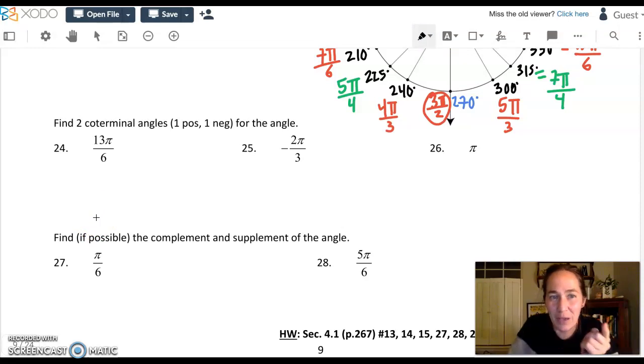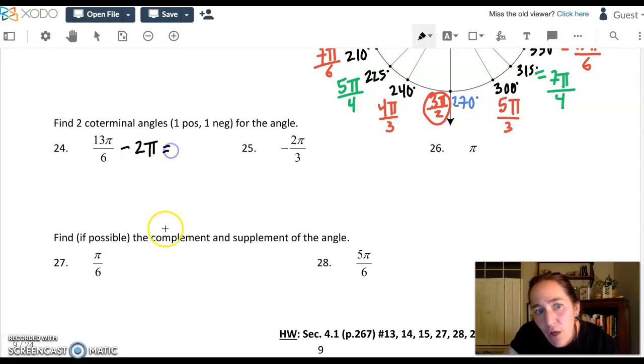2 pi can really come in handy here. In degrees, adding or subtracting any integer multiple of 360 is a good way to get a coterminal angle. Likewise, when we're working in radians, adding or subtracting any integer multiple of 2 pi can come in handy. So if 13 pi over 6 is more than once around the circle, maybe I'd be okay just subtracting 2 pi from that.